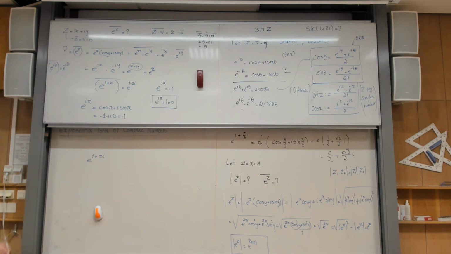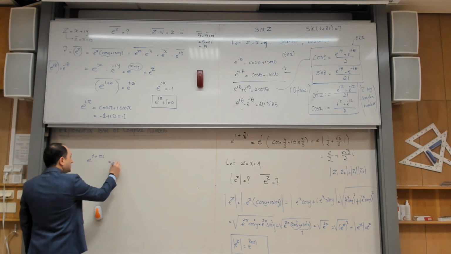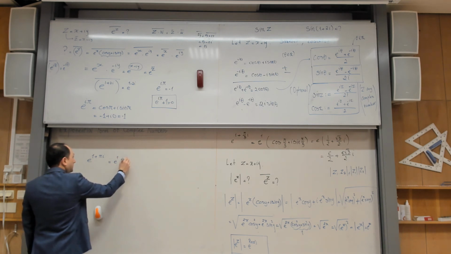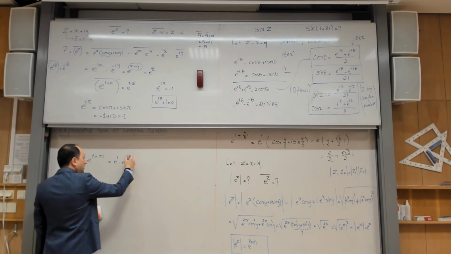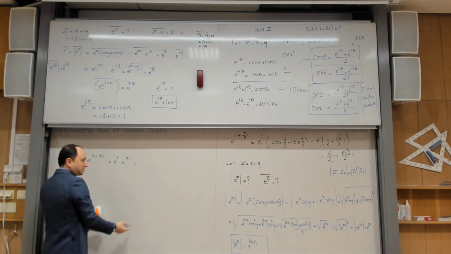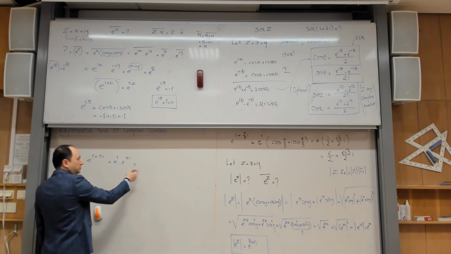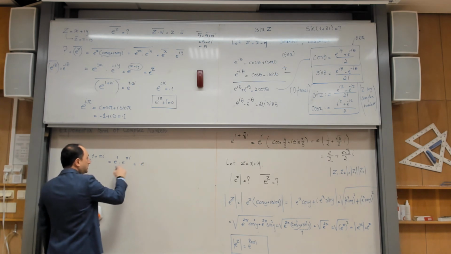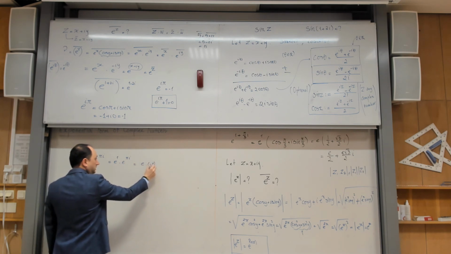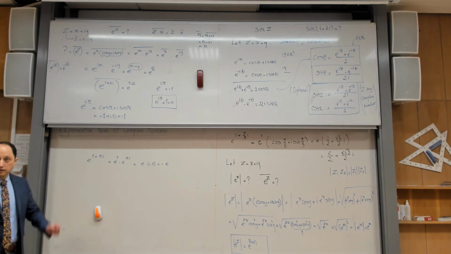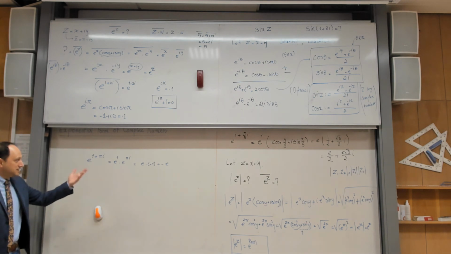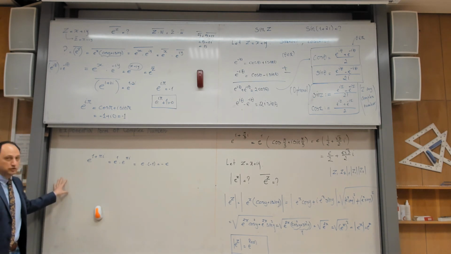If you calculate this, it becomes e to the power 1 times e to the power pi i. But do you remember, e to the power pi i, I told you that's the most beautiful formula in mathematics, it's minus 1. I don't want to calculate it once more. So this becomes e times minus 1. The answer becomes minus e. But this should be a little bit strange for you. Why?